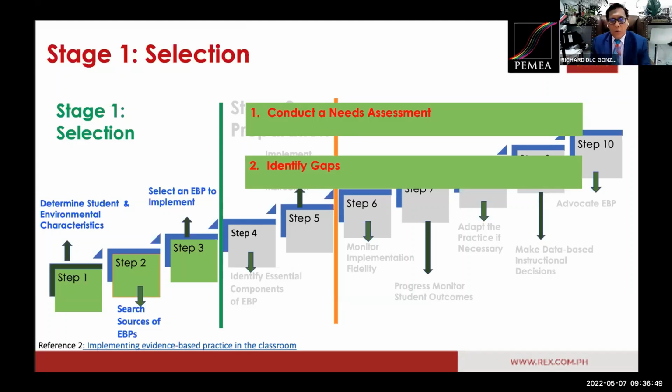Poor results may be due to poor program fit, or poor implementation or program fidelity. When we speak of fidelity here, it is how close or how loyal our activity is to our objectives, that our activity is still within the scope of our objectives.